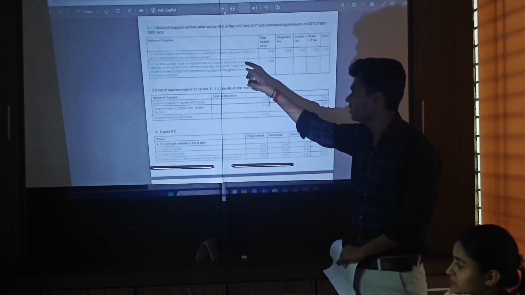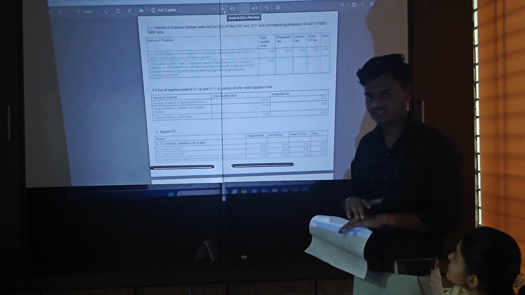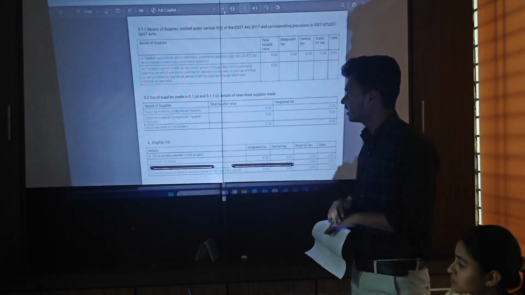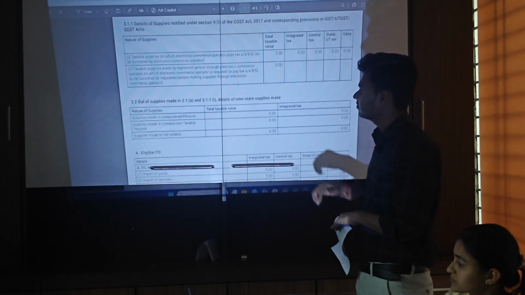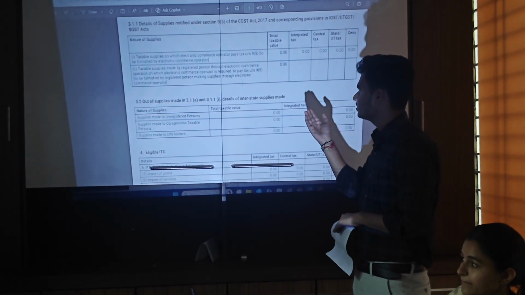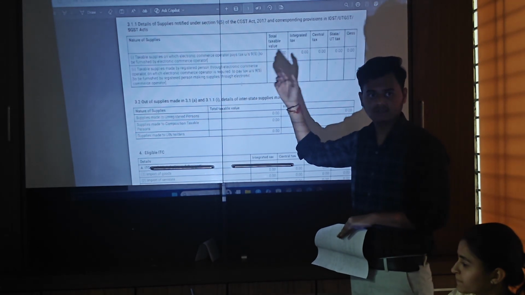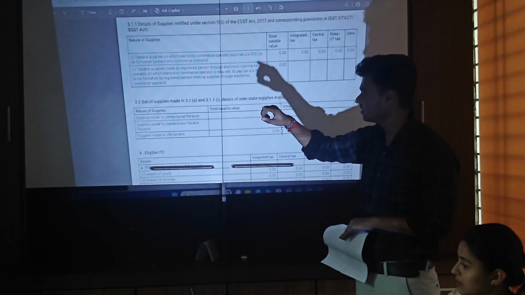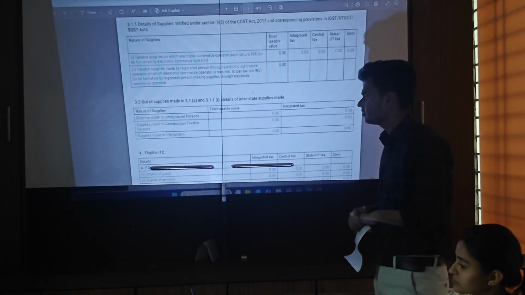This table's data comes purely from table number 15 of GSTR 1. The second one is taxable supply made by the registered person through the electronic commerce operator on which the operator is required to pay tax under Section 9(5), and this is furnished in GSTR 1 by the supplier, and that data will flow to GSTR 3B in this table.